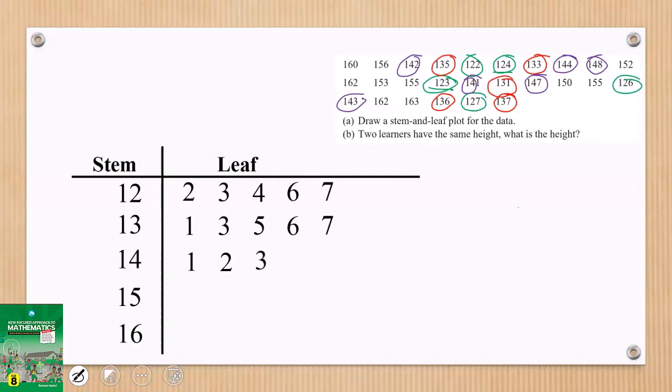From 3 we have 142, 143. We have 144. Yeah, 144. So we have 4. We have 145. Okay, no 145. So we go to 147. 147. Then we have 148. How many 148 do we have? I think 1. So we are supposed to get 1, 2, 3, 4, 5, 6. So I think that is all.